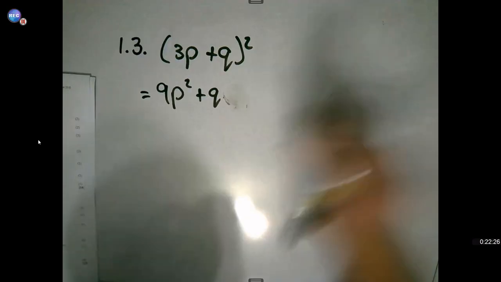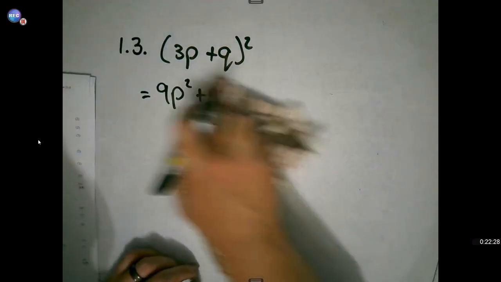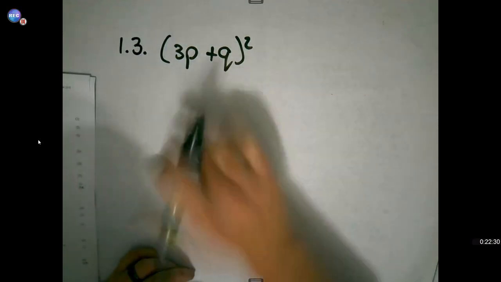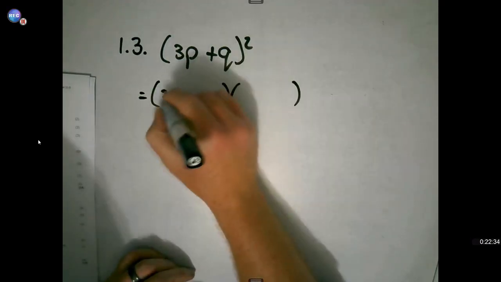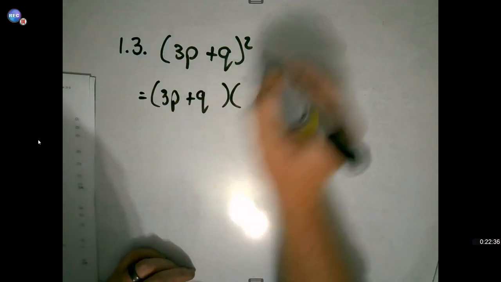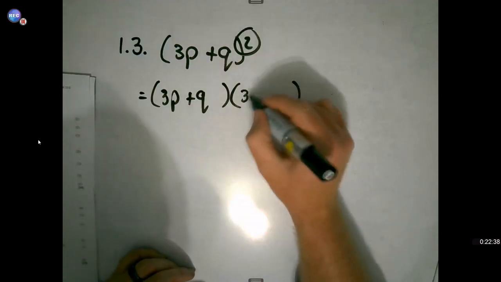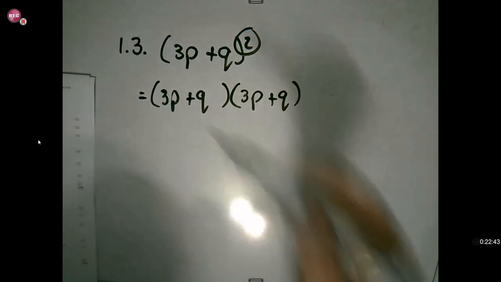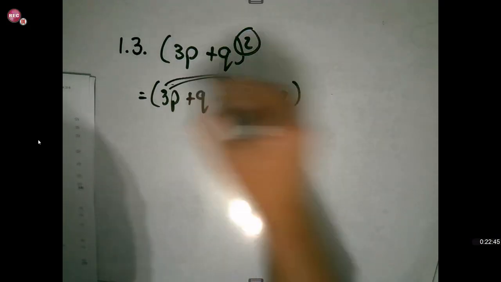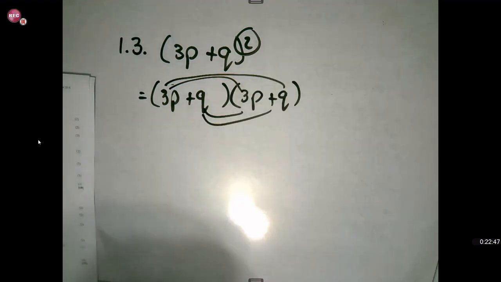So what I'm basically telling you is that we'll take this bracket, write it out twice, because that's what the exponent tells you to do. And then you'll go to apply foiling. Now we'll FOIL. First, outer, inner, last.